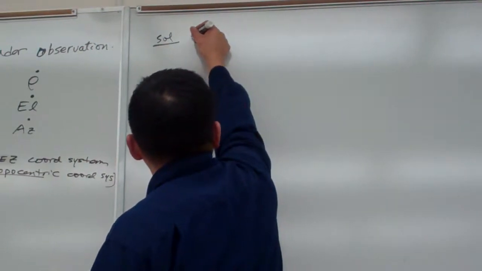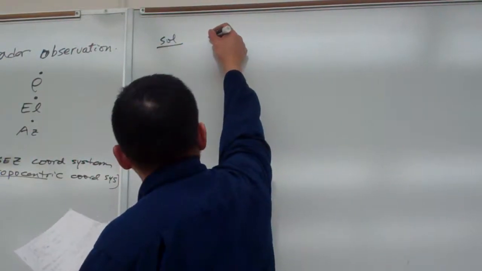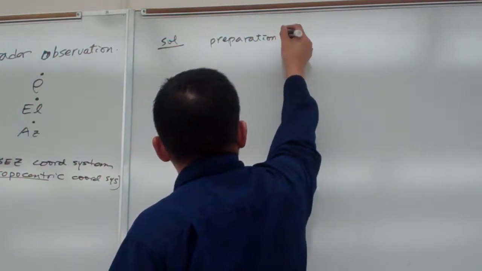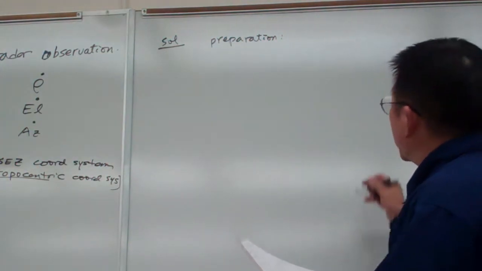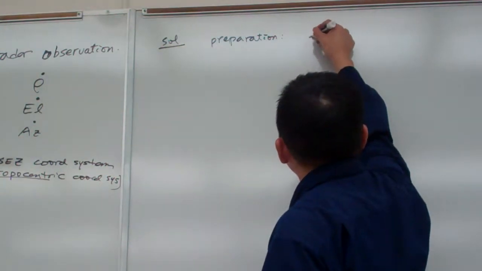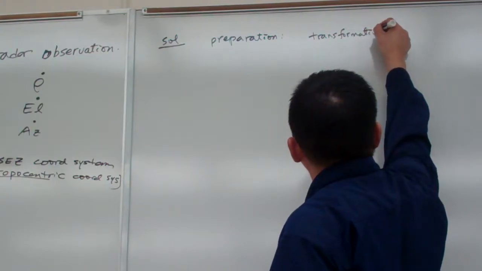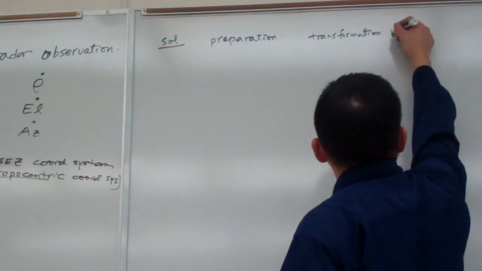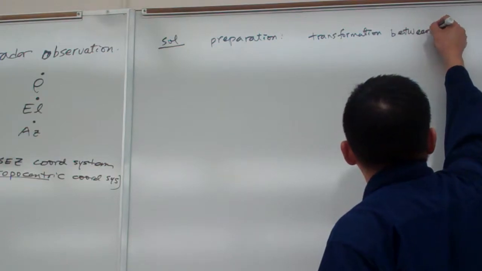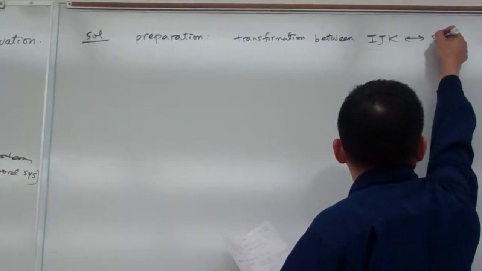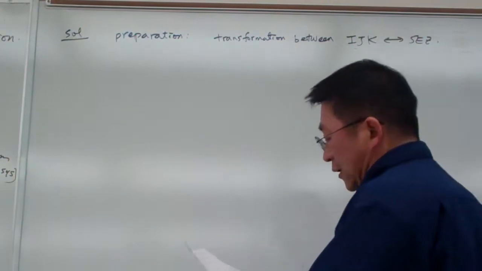Step 1 is the preparation, which is the coordinate transformation between IJK and SEZ, and that one we have done before.